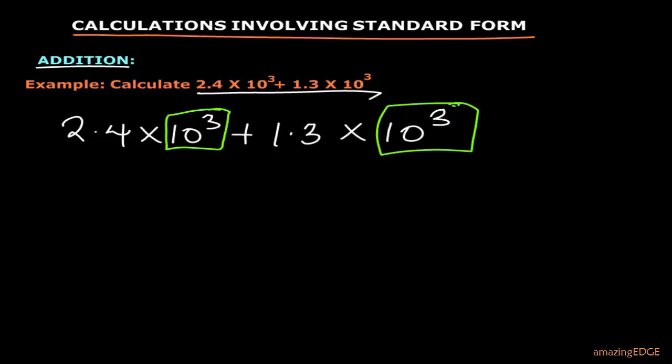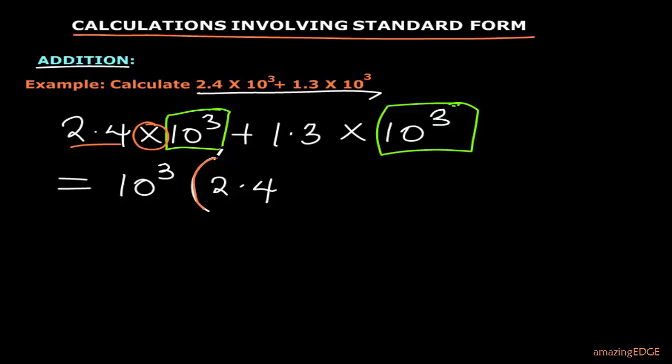So now we can write this as follows. 10 cubed is common, so we bring out the common factor. Remember that whenever you bring out the common factor, you open a bracket. What we should have inside the bracket is this 2.4. Remember that the multiplication you are seeing has been taken over by this bracket.